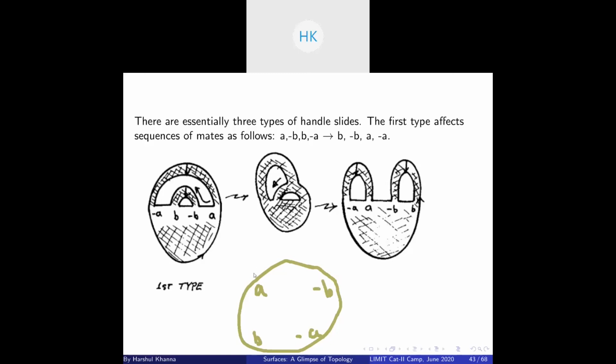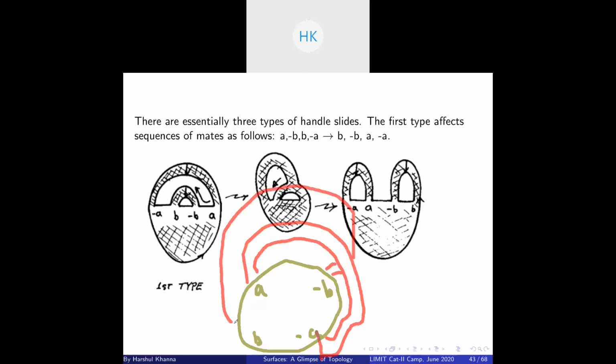So it cannot be planar in this sense also.